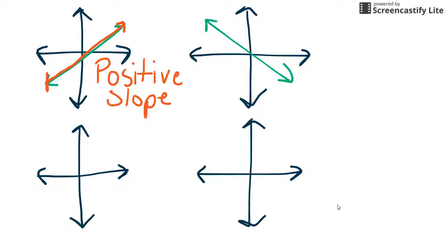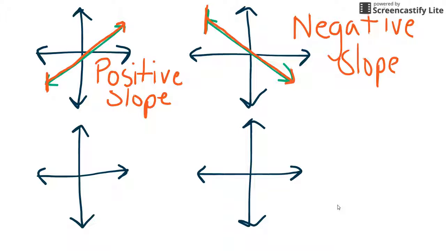So this is called a positive slope. The next one is a negative slope. Again, if you start on the left-hand side and go to the right, we're going down. So this is a negative slope.